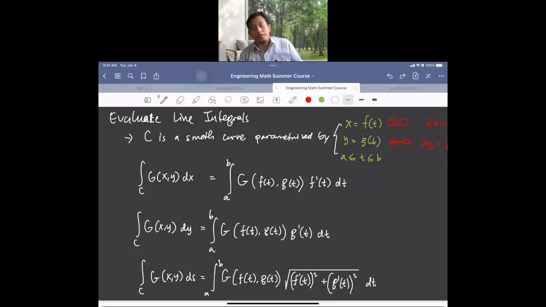So if you are given the function with its parametric equation, you can definitely go through the evaluation method directly, depending on which method you want to apply, whether it's dx, dy, or using the arc length.